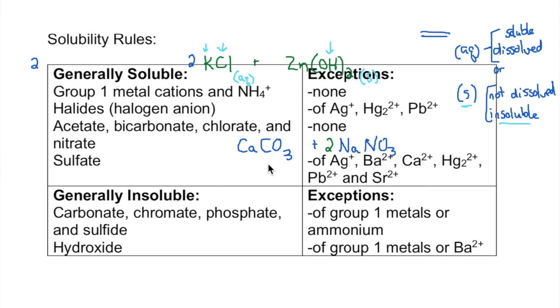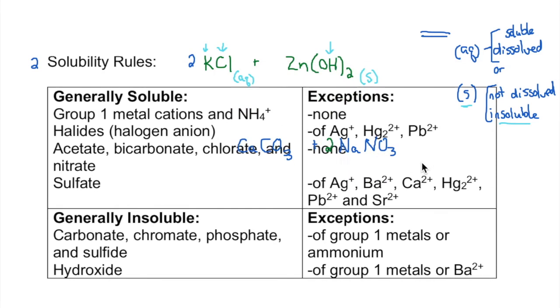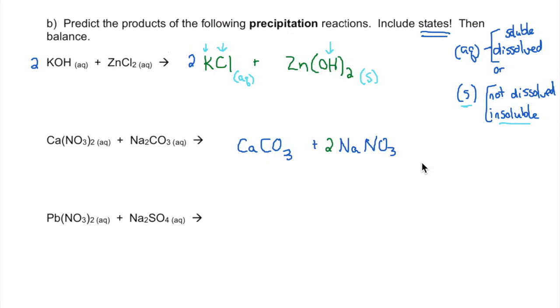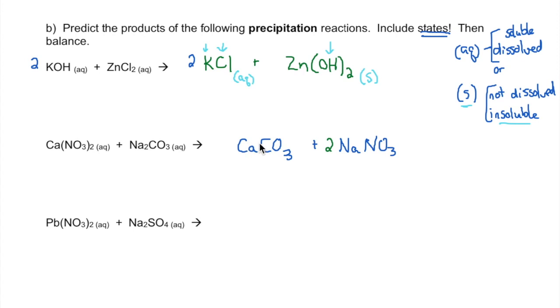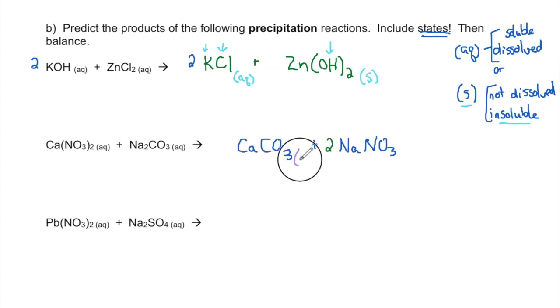And then our other product, sodium nitrate, we have sodium and nitrate, both of which are soluble with no exception. So sodium nitrate is definitely soluble, however you look at it. The insoluble calcium carbonate is the one that we label solid. That is our solid precipitate. The soluble sodium nitrate is our aqueous compound.